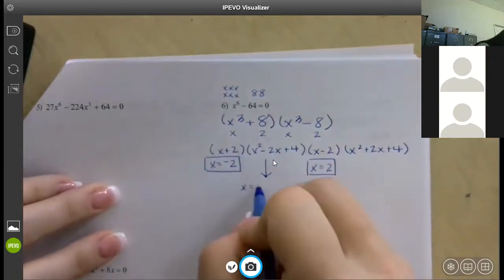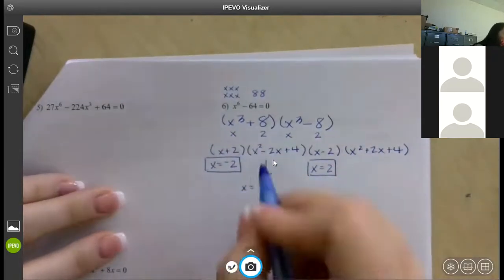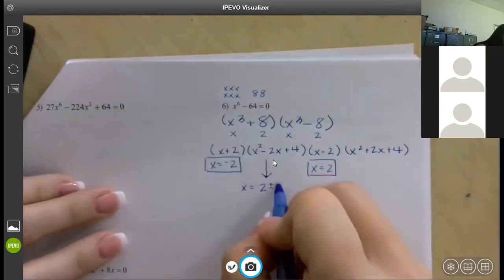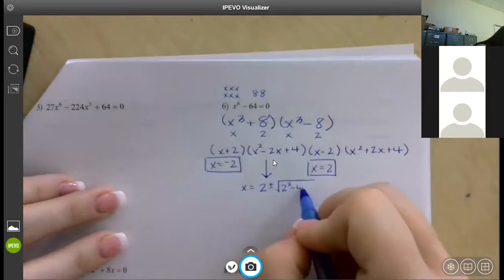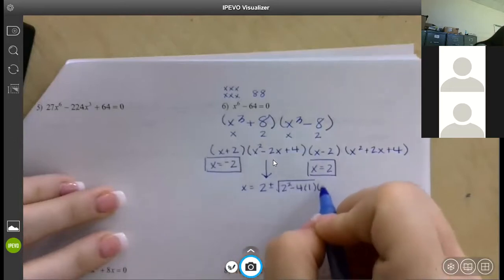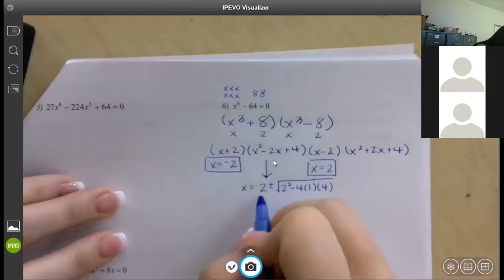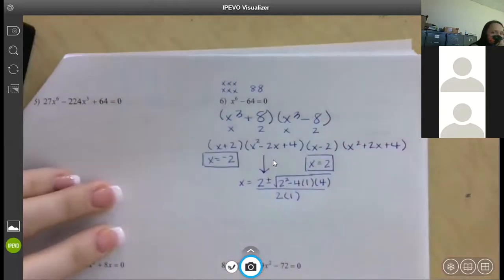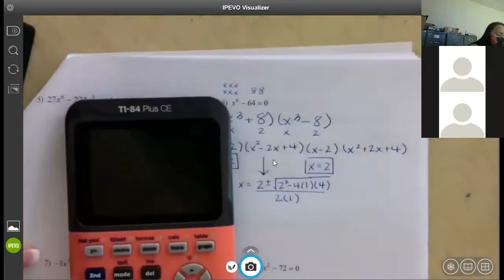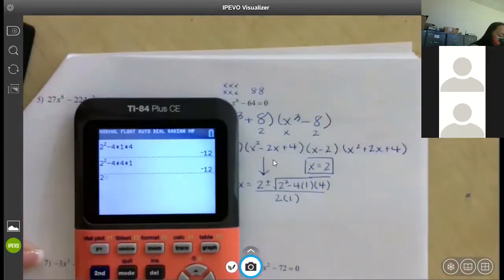So x equals -b plus or minus the square root of b squared minus 4 times a times c all over 2 times a. Pretty sure we've already done this one. 2 squared, right there it is, minus 4 times both of these.